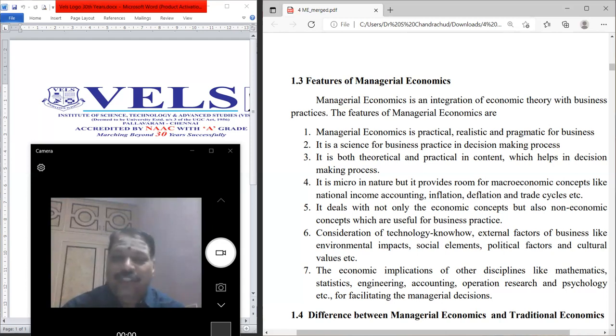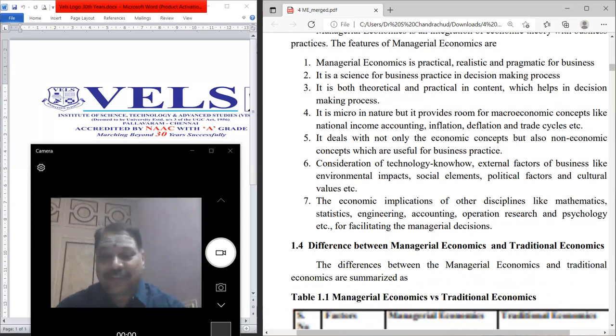Considering technology know-how and external factors of business like environmental impacts, social elements, political factors and culture, it considers almost all the disciplines which are useful in taking the decision. The last feature is the economic implication of other disciplines like mathematics, statistics, engineering, accounts, operations research, and psychology, and so on. Many subjects will be included in order to facilitate the managerial decision.